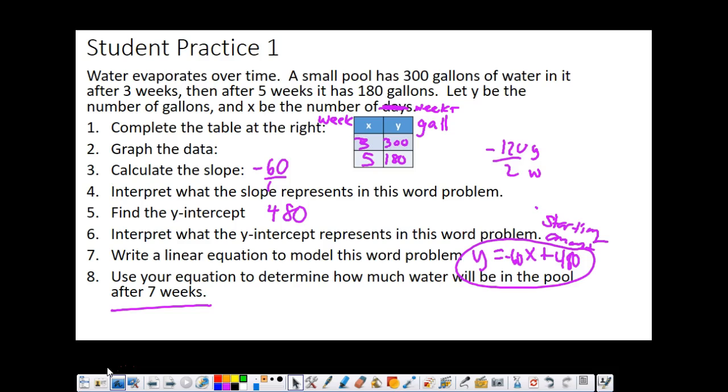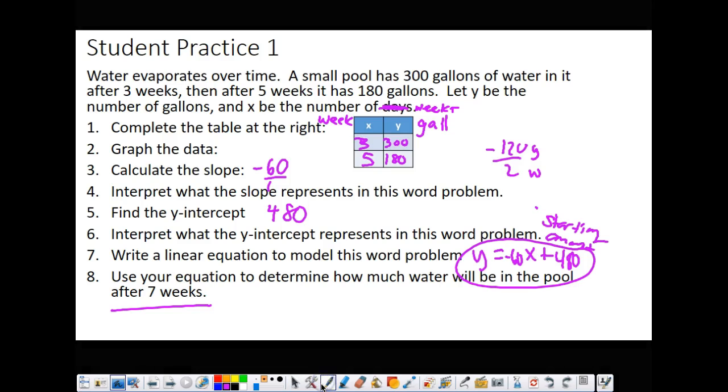Because x is weeks. So I'm going to take my equation that we got in the last problem, negative 60x plus 480. And what am I going to do to answer this question? You're going to put 7 where? Substitute for X. That's right, because it's an x value, right? And you put the 7 in parentheses.